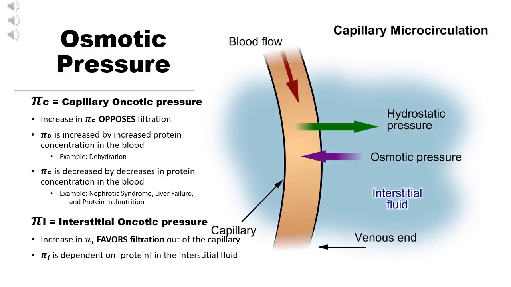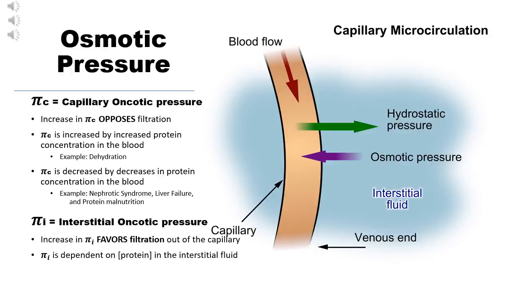So capillary oncotic pressure is going to oppose filtration. The higher the capillary oncotic pressure we have, the more we're going to oppose filtration. Capillary oncotic pressure is increased by increased protein concentration in the blood. So when do we have increased protein concentration in the blood? Usually just with dehydration.